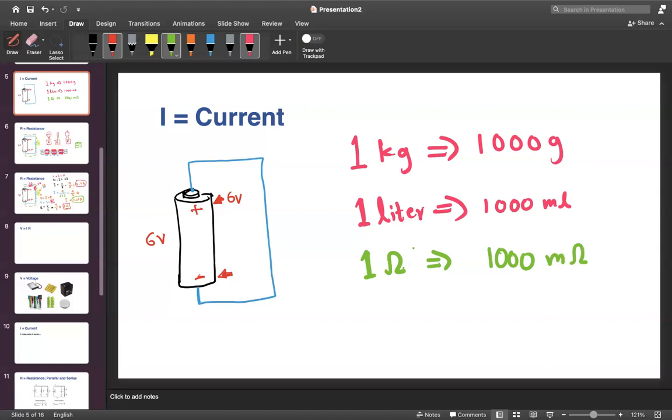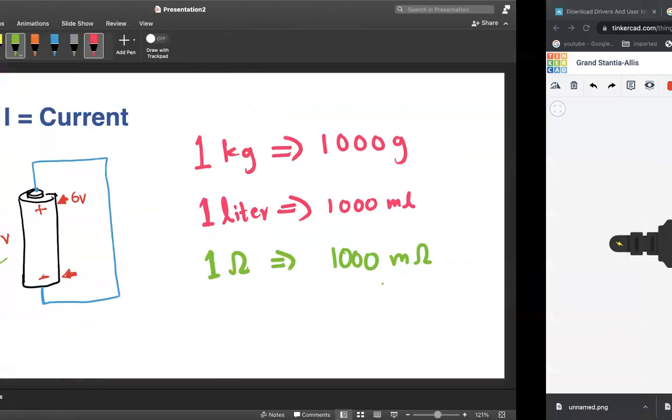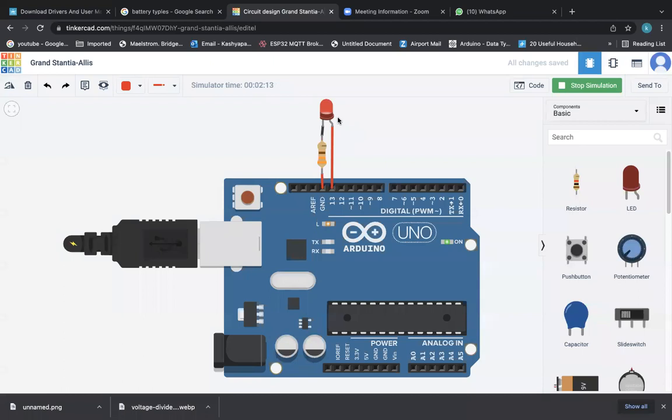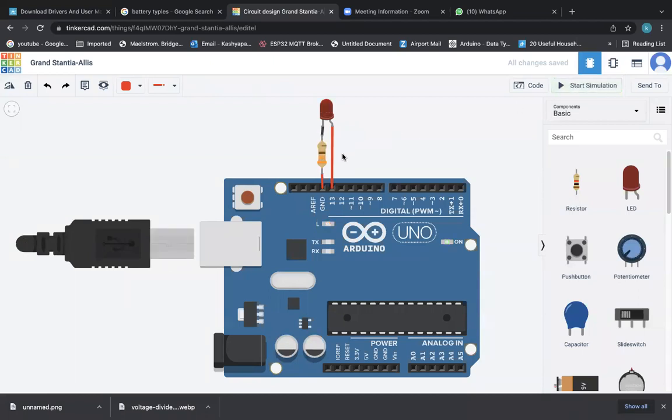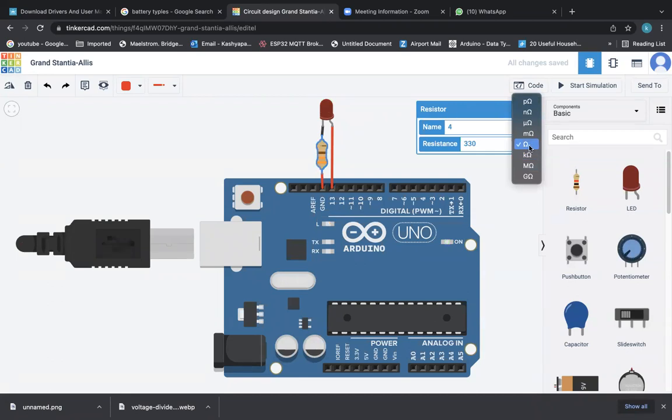Is that clear? Yes, sir, clear. Right. So here you can see when I click this, you have ohms, kilo ohms, mega ohms and giga ohms, right?